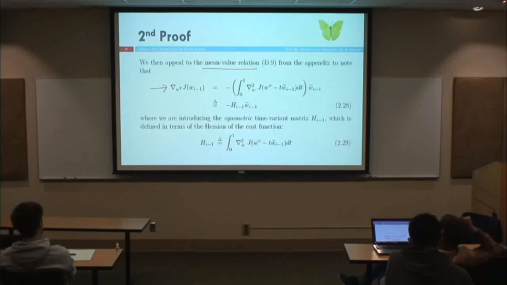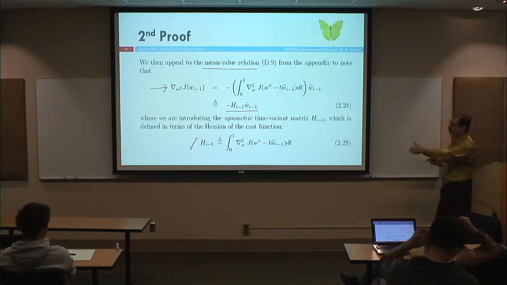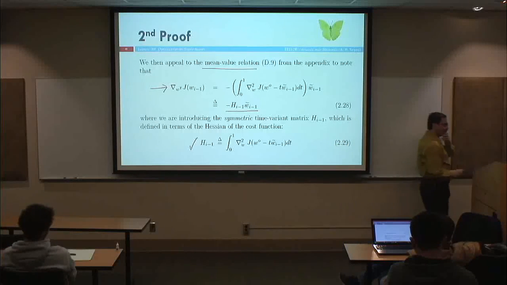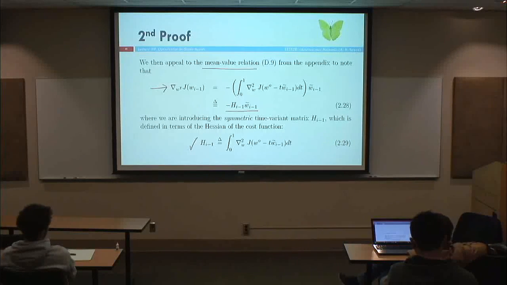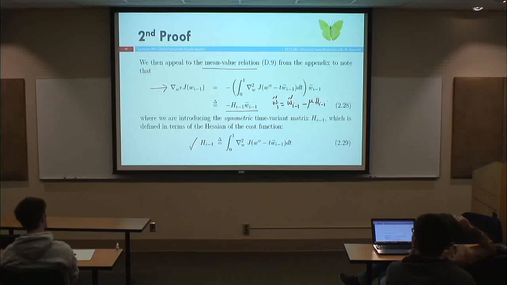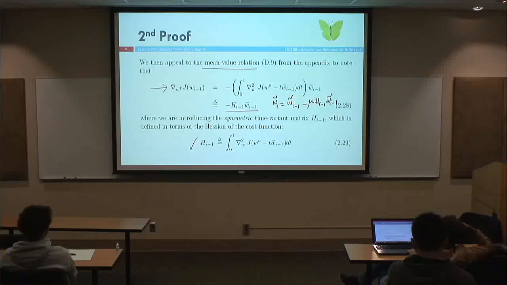Fine? So you understand where this came from? And this is, you see, the integral of the Hessian, I'm calling it H_{i-1}. So now my recursion becomes W tilde i is W tilde i minus 1 minus mu times the gradient, so mu times H_{i-1} W tilde i minus 1, correct?